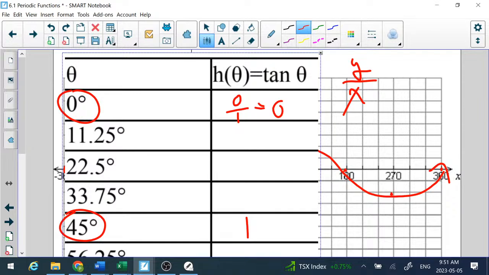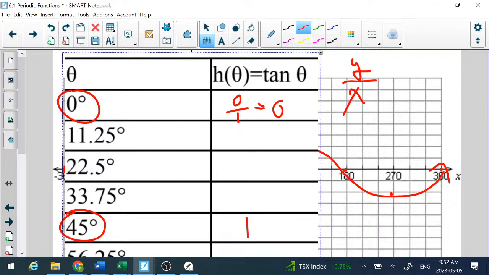You get an error because it's a math error. It's undefined. You cannot divide something by 0. So we call that undefined, and in your sippy cup language, that would be called a lava line. So grow up and call it what it is. An asymptote. What kind of asymptote is it? A vertical asymptote. So at 90 degrees, you're going to get a vertical asymptote.